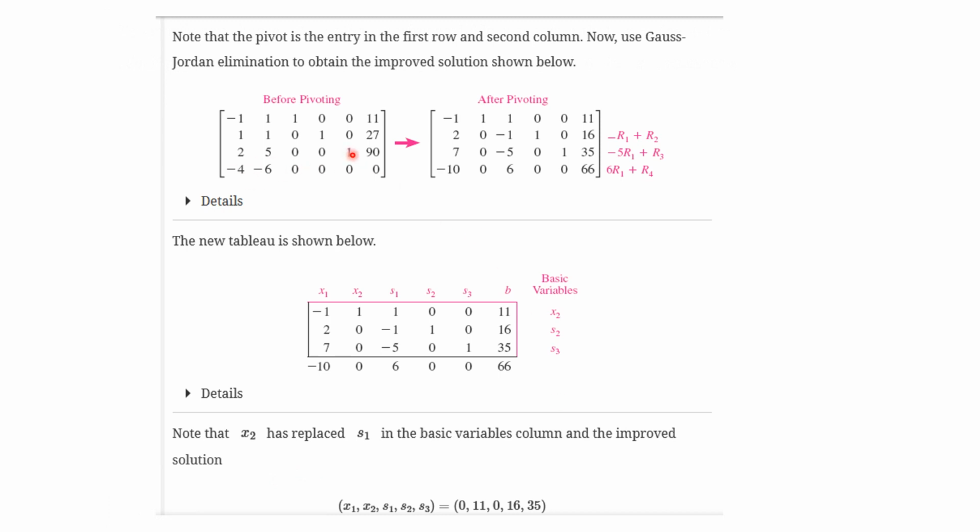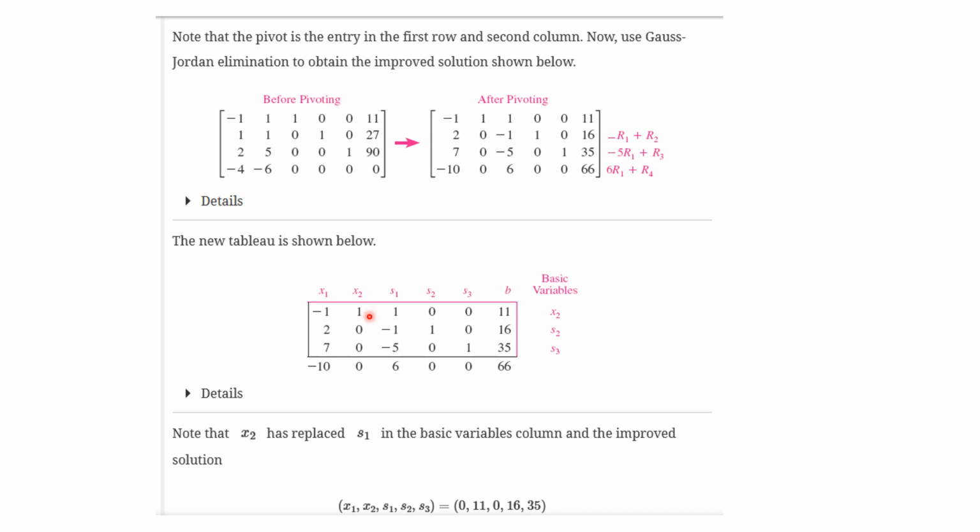Okay, so before pivoting, we have this, but we use elementary row operations, and again, the one that we want to get rid of is S1, so that's how we're going to do it. After pivoting, we have a new tableau shown here, and the new tableau has x2 as a pivot variable.